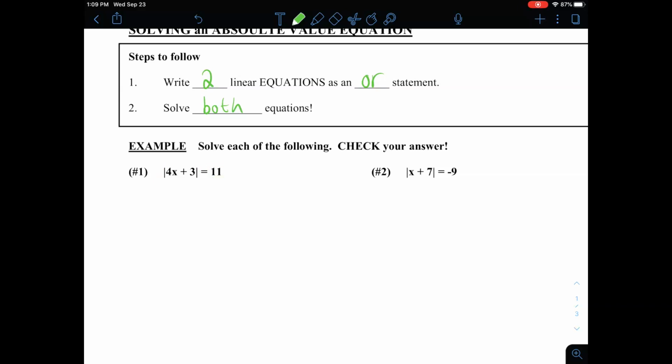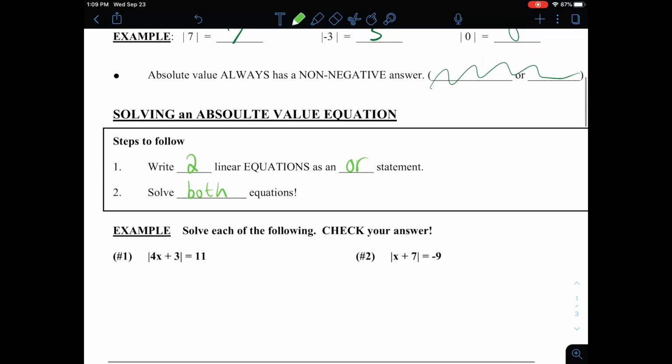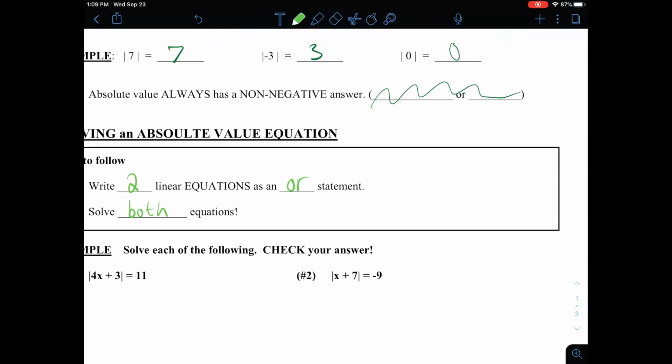For example, if we just did the absolute value of x equals 11, what numbers are 11 away from 0? There's both 11 and negative 11. What about the absolute value of x plus 2 equals 11?